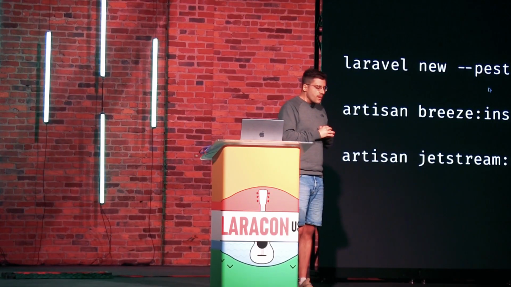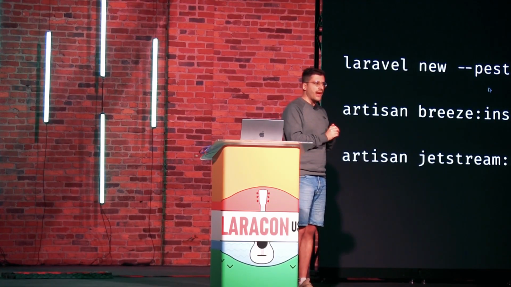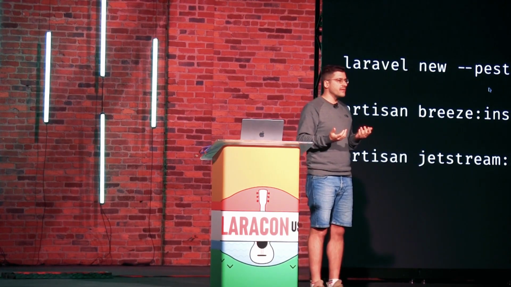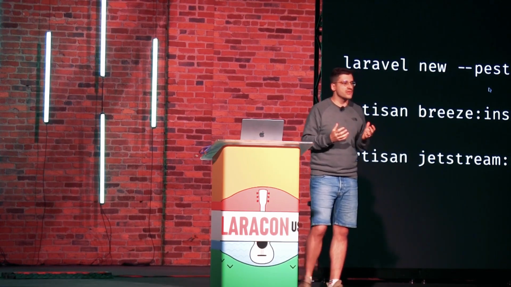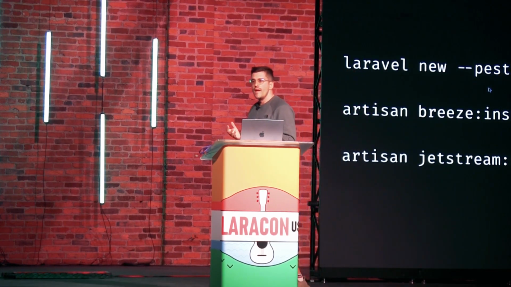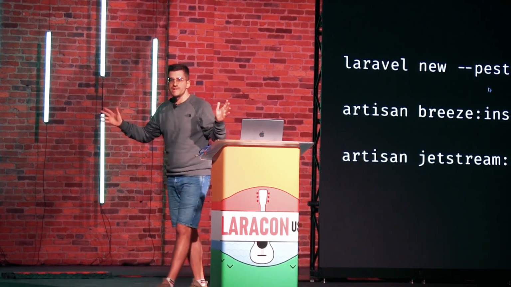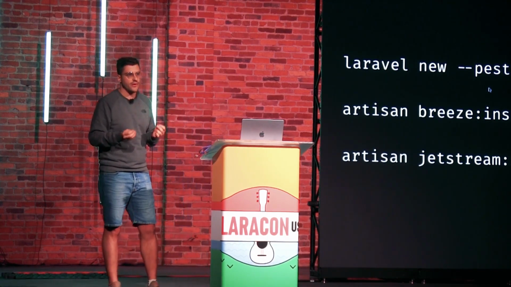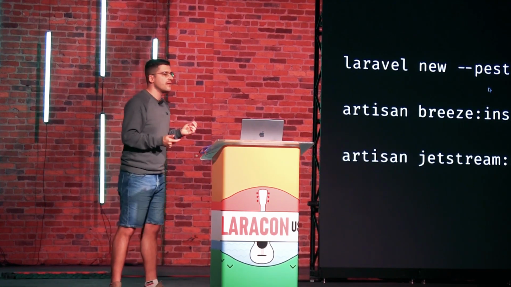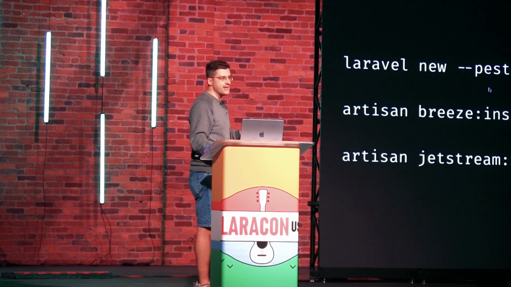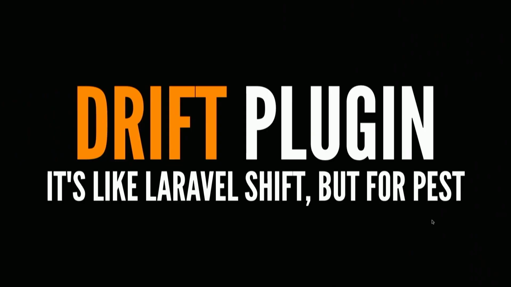Now, with this approach, I felt that we were forgetting a little bit this huge percentage of PHPUnit users that have massive test suites, and they just wish to have something to quickly shift their projects to Pest PHP. So today, I'm proud to announce the Drift plugin, which, as you can guess, is just like Laravel Shift, but for Pest PHP.